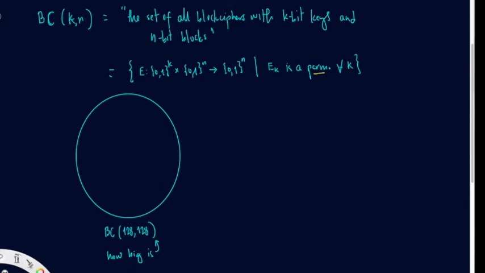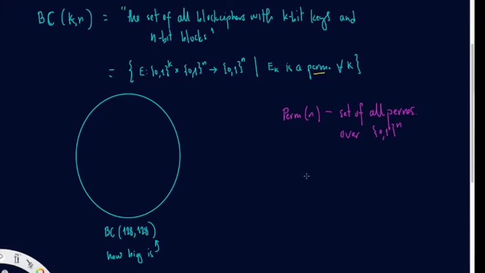If we define another set, which we'll have use for as well, let's define another set, Perm. Perm n is the set of all permutations over {0,1}^n.